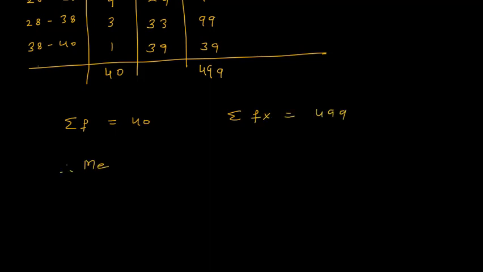Therefore the mean value is summation of fx upon summation of f, that is 499 divided by 40.